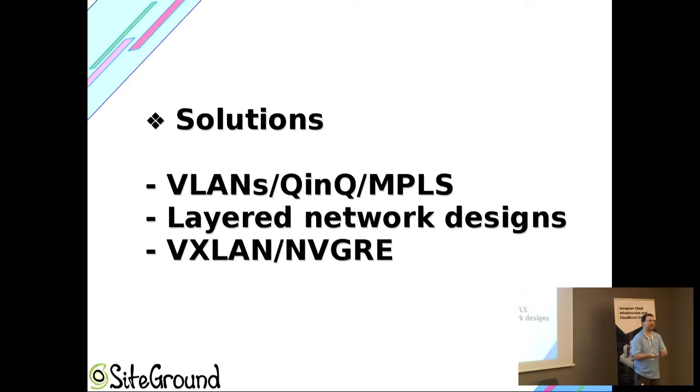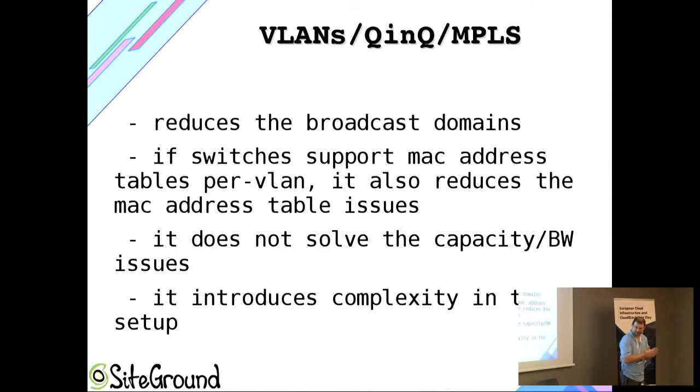But you have only 4,000 VLANs. And in a data center, even with 1,000 racks, you may have 1,000 clients that may require more than 4 VLANs each. And you're out of VLANs. Then you go to Q&Q, and with Q&Q you get a little bit more VLANs, but you're losing from the maximum transmission unit, so not everyone wants that.